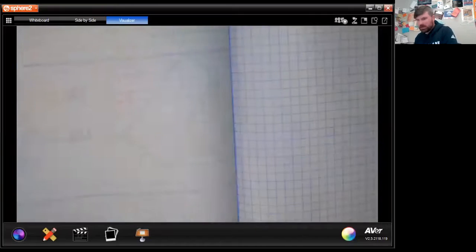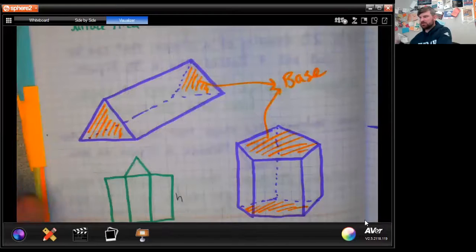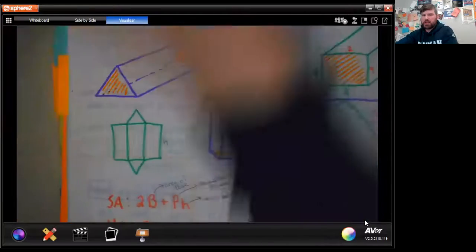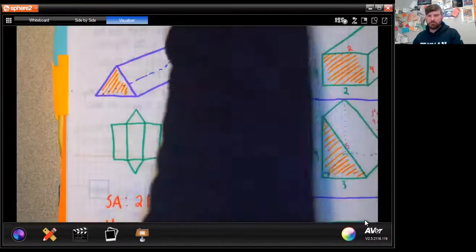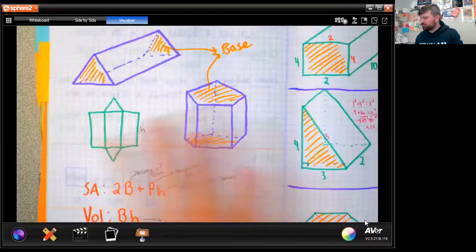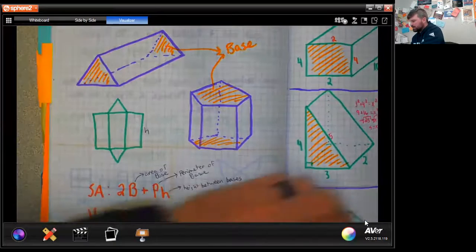Okay, so we're going to be here on pages 121 and 123, and we're going to set all of these up like we have been, with some notes on the left and examples on the right.